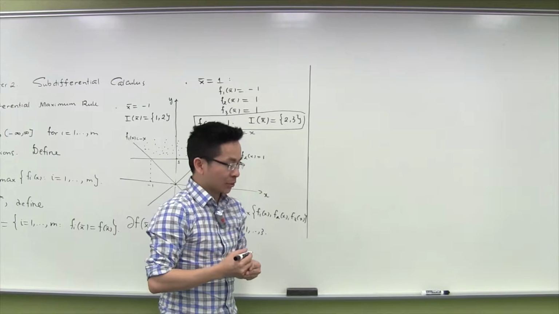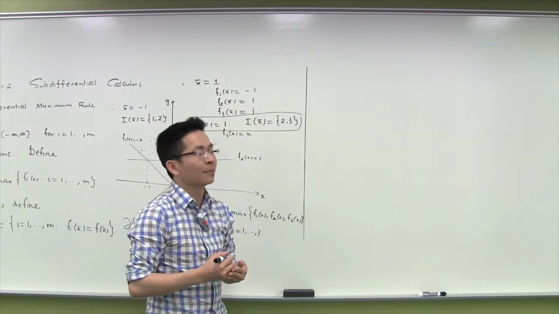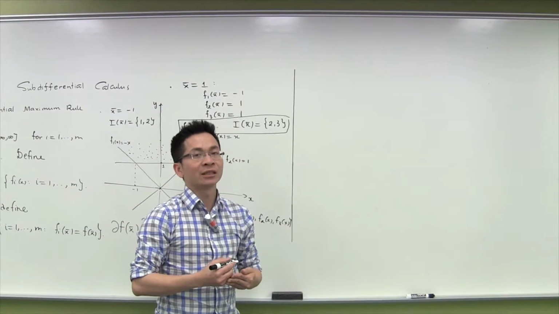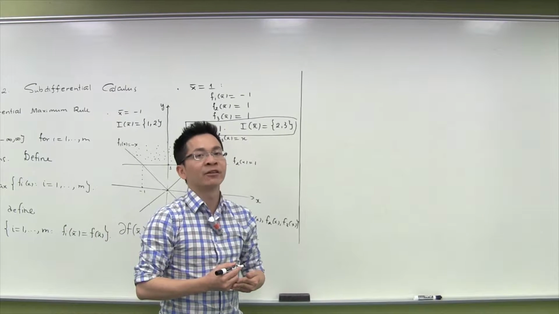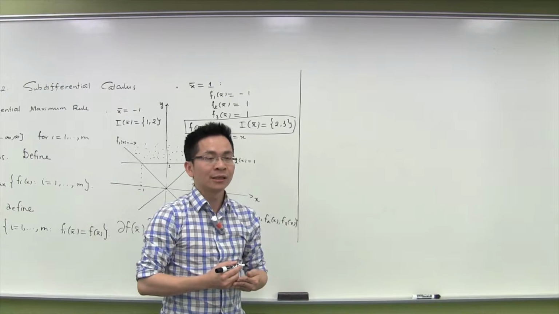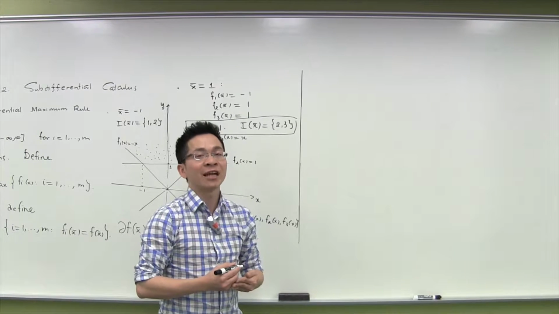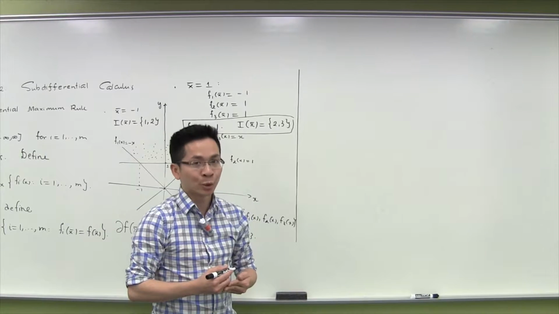Now I'm going to continue with the main formula for this lecture. Under the assumption that each function fi is continuous at x bar, we obtain a very nice formula to represent the subdifferential of the function f in terms of the functions fi for i from 1 to m.